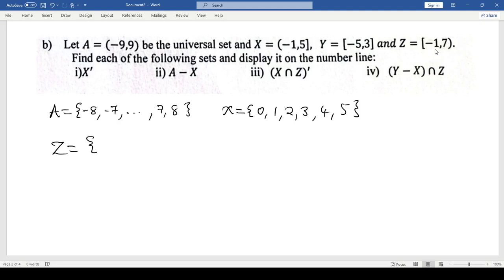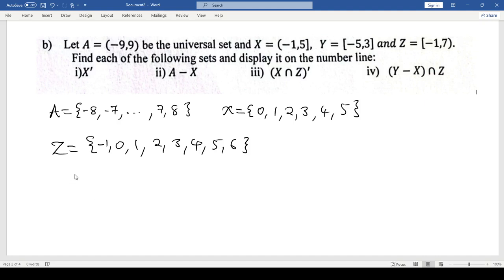So we start from negative 1 all the way up to positive 6. So we start negative 1, 0, 1 here, 2, 3, 4, 5, 6, like this.